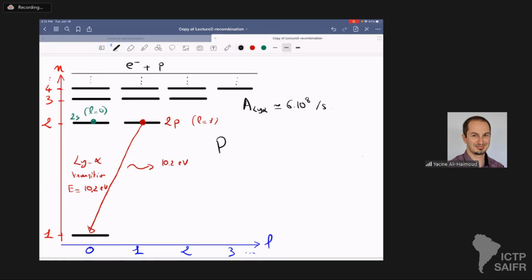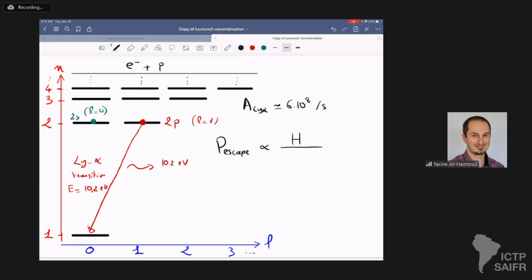So there is some probability of escape, which is going to be proportional to the expansion rate, because the faster the expansion rate, the faster photons redshift, and the faster they will no longer be in resonance with the 10.2 electron volt transition.